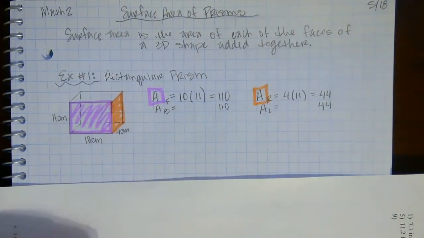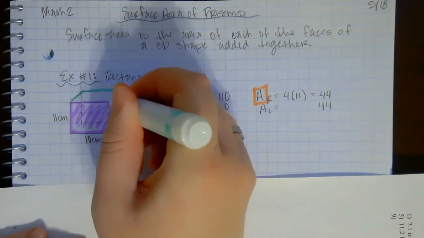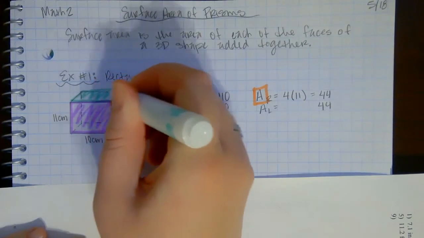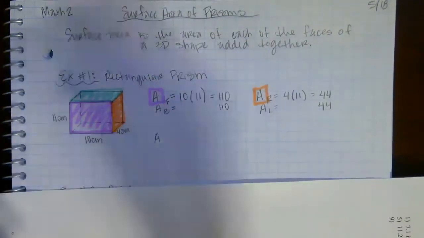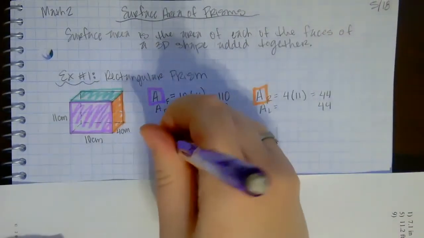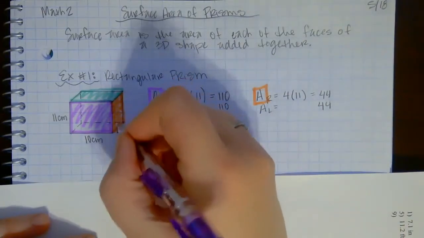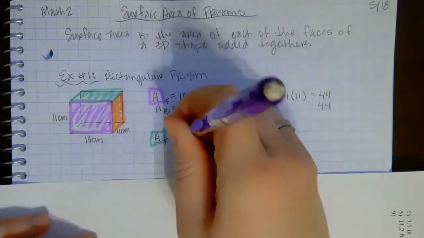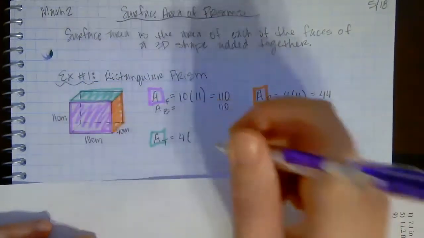Okay, and then I have one more piece I can find here, this top part. So I'll find the area of that one as well. I'll call that area of the top. So the top is this piece right here, which is the 4 from down here, and this piece right here, which is the 10 from down here.